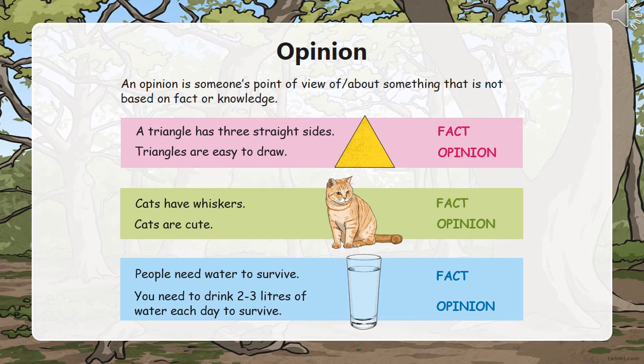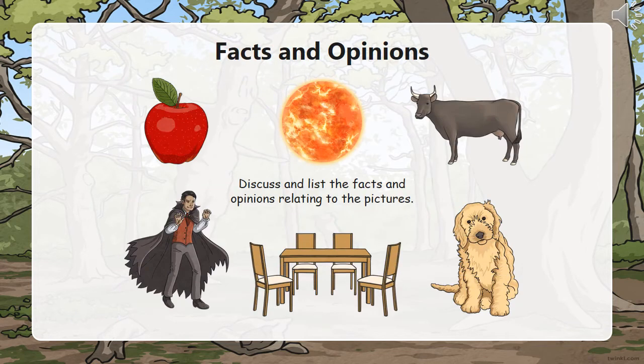The fact about water is that people need water to survive, and the opinion would be that you need to drink 2 to 3 litres of water each day to survive. Look at these pictures. Discuss and list the facts and opinions related to these pictures.